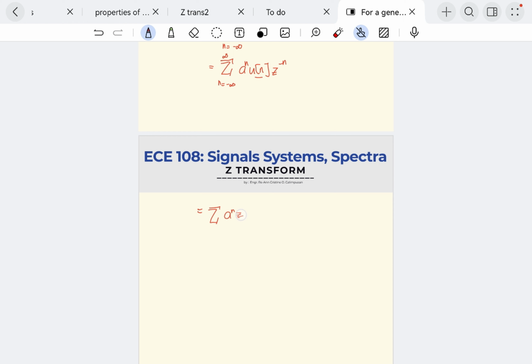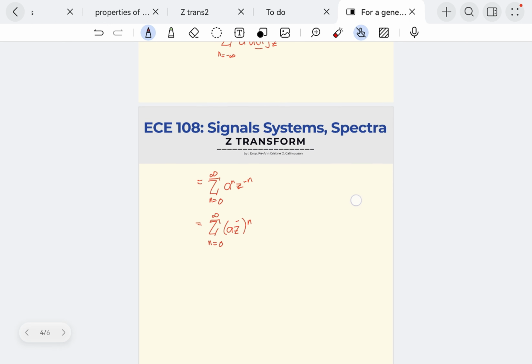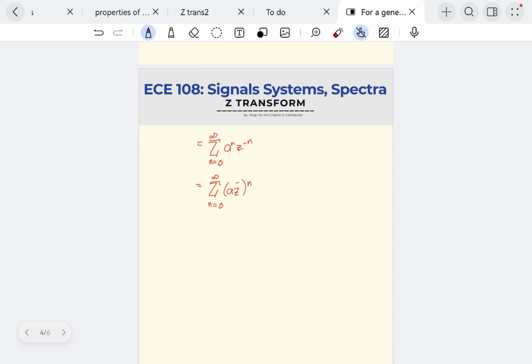Instead of negative infinity to infinity, we'll just have n equal to 0 to infinity because it is a unit step. We can simplify it further: alpha z to the negative 1, putting the n outside, so the summation of (alpha z to the negative 1) to the n, from n equal to 0 to infinity.